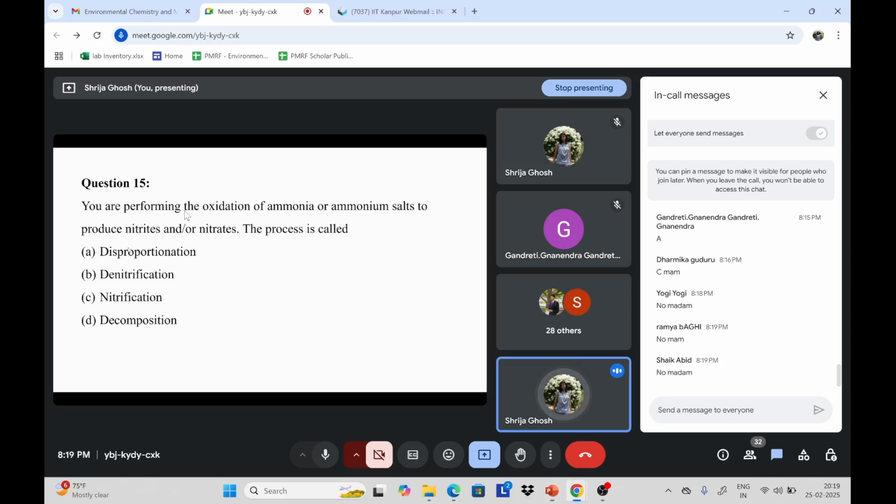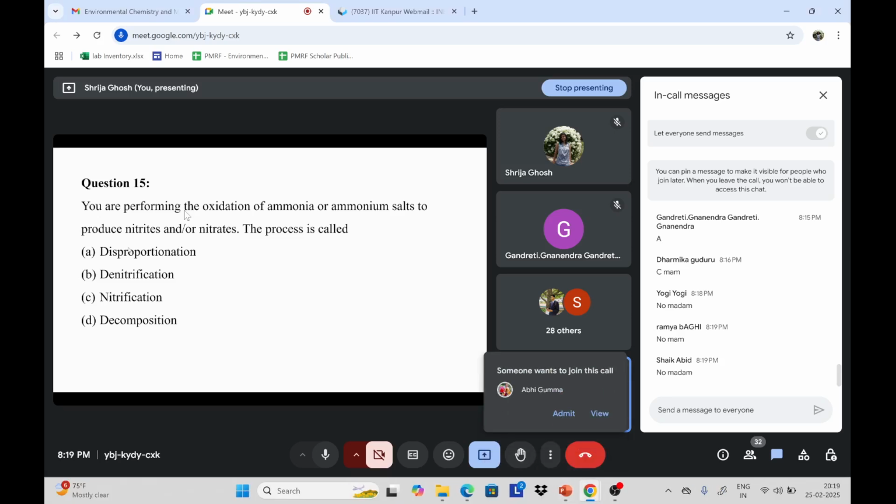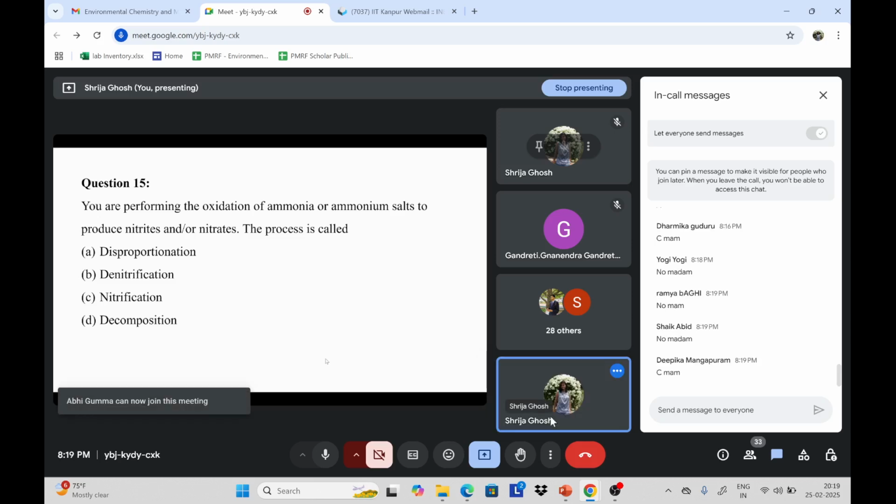I've already talked about this, so most people should be able to answer. Basically oxidation of ammonia or ammonium salts into nitrites or nitrates, ammonia going to nitrates or nitrites. That process is called what?